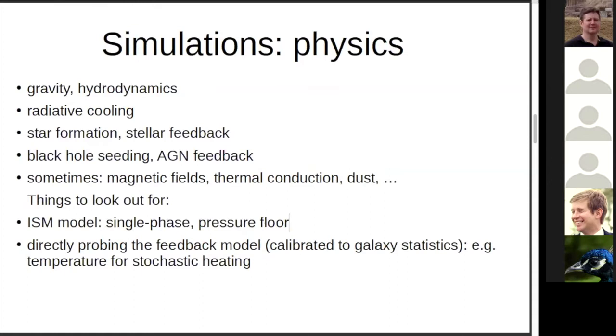Another thing to look out for in these simulations is, like I said, this feedback that's calibrated. The issue with this feedback is basically that you don't have single stars. You have a group of stars of one age, roughly 10^6 solar masses, which is what's called a star particle in Eagle.